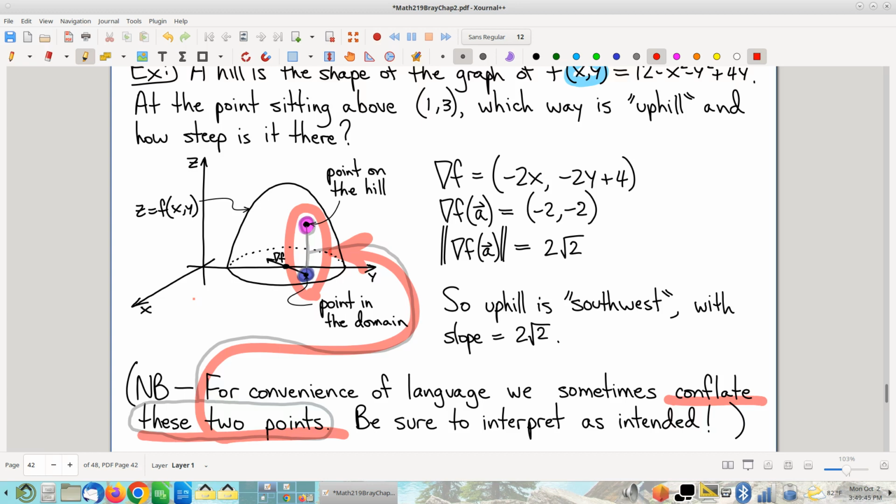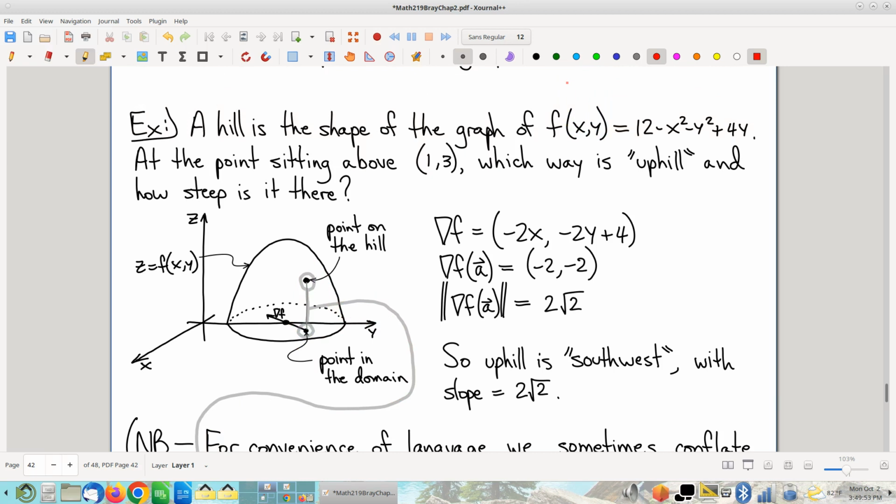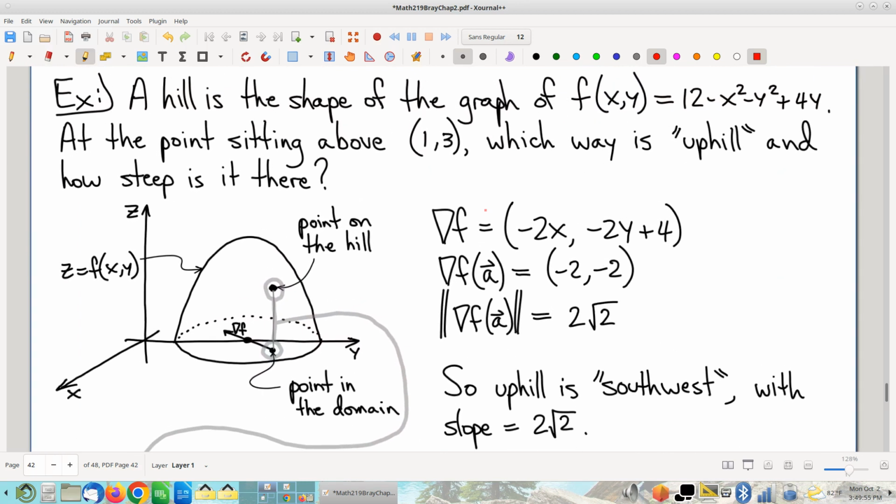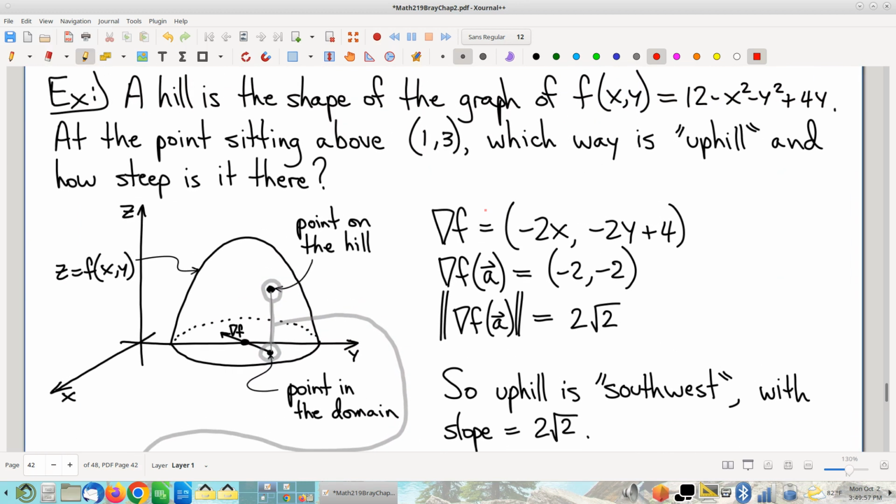All right. So let's actually do it now. I apparently am at this point (1, 3). Of course, (1, 3) is in the domain. I'm not actually at that point; I'm actually on the hill itself. But I'm going to say I'm at the point (1, 3).